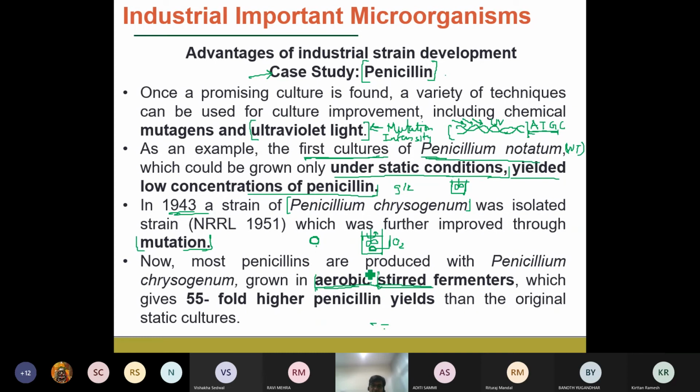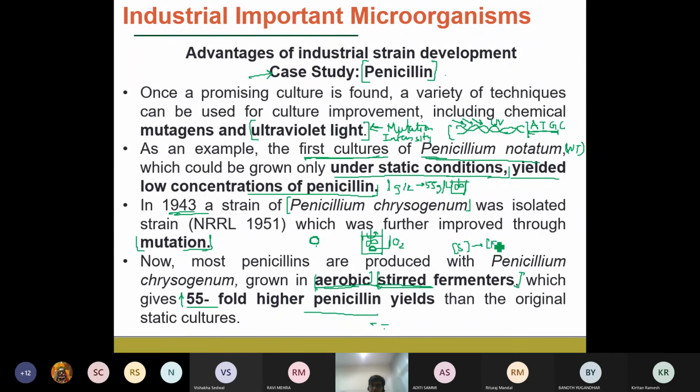It was now able to grow in this type of fermenters, and there was a 55-fold increase in the yield of the penicillin over the original static culture. So you can see a tremendous improvement by 55 times. If, for example, initially it was producing 1 gram per liter, now it was producing almost 55 grams per liter.